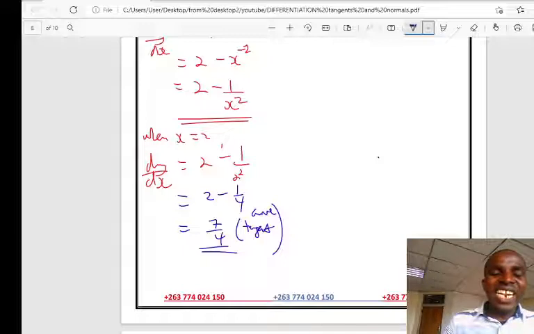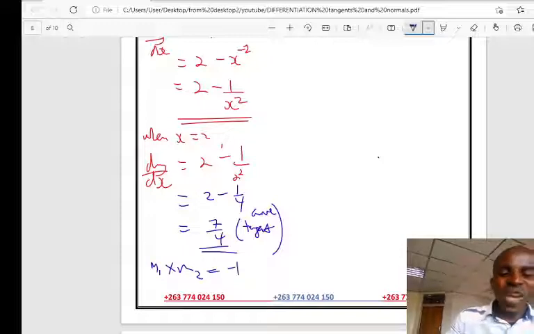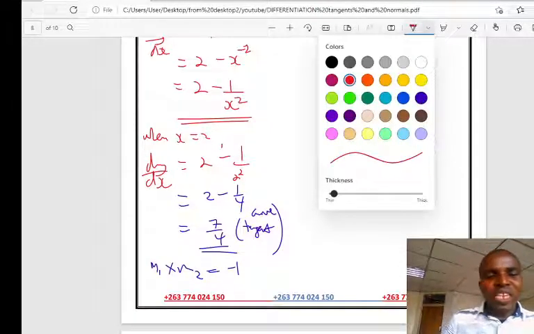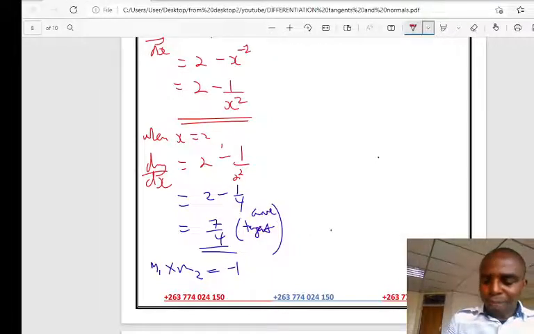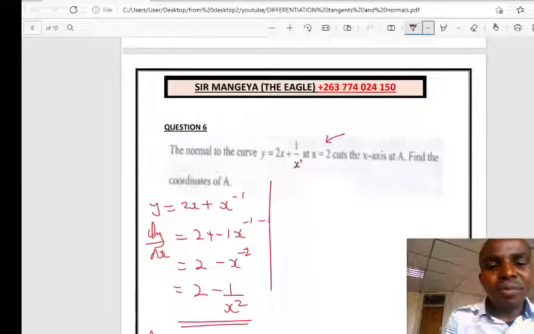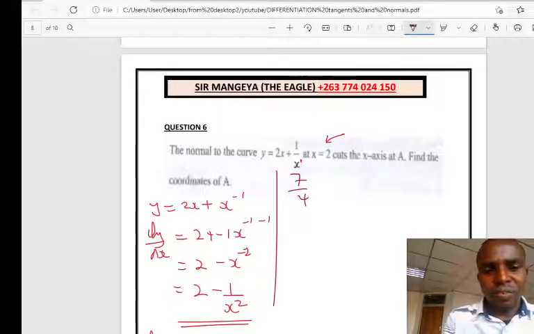Now I want to find the gradient of the normal. We know that the gradient of the normal times the gradient of the tangent is equal to minus 1. That's the basic concept that you always have to apply. So 7 over 4 times m2 is equal to minus 1.